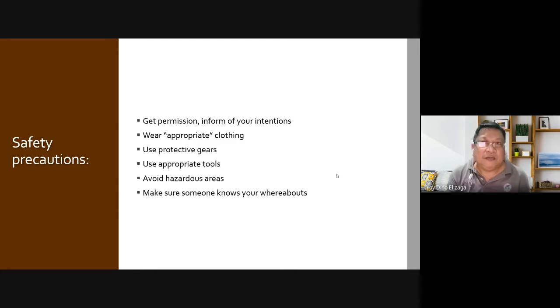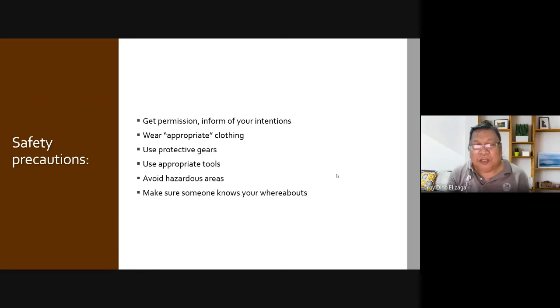Also, most of the time, they're really concerned about what's going on under their barangay, for example, or in a school, or in their parish, if it's a church. So wear also appropriate clothing.